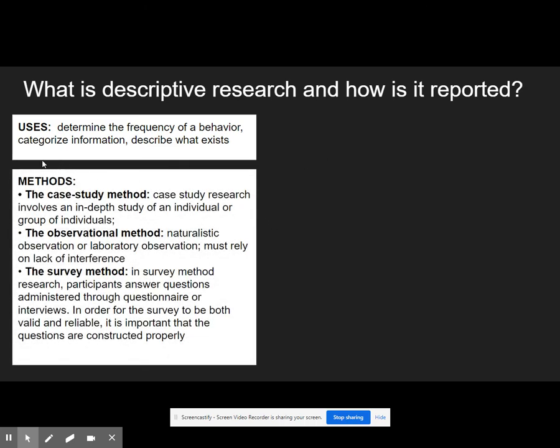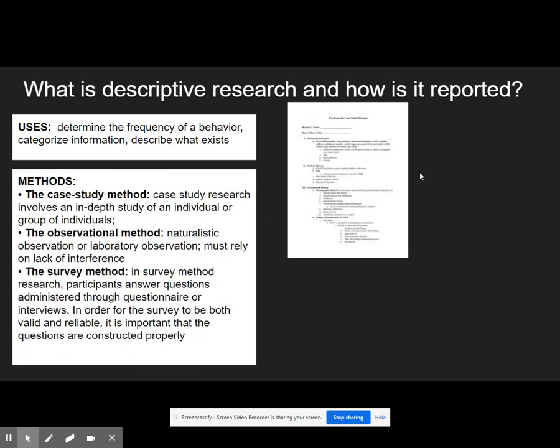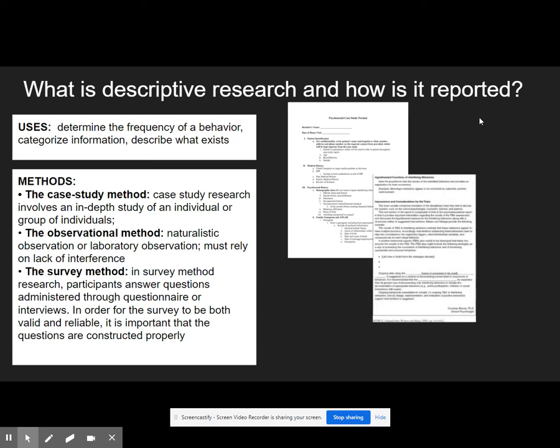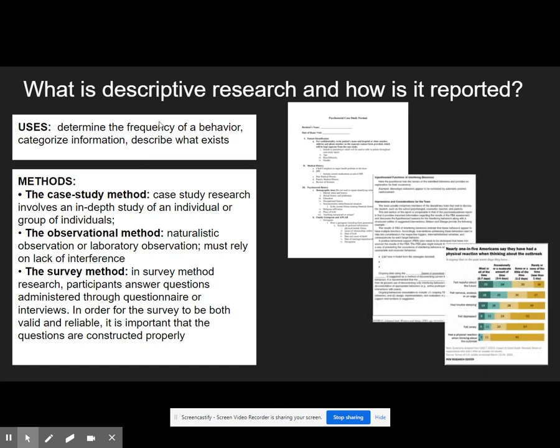So this is a one-stop shop on what this looks like. Whenever we report information about descriptive data, we know that in descriptive research we're trying to determine the frequency of behavior.